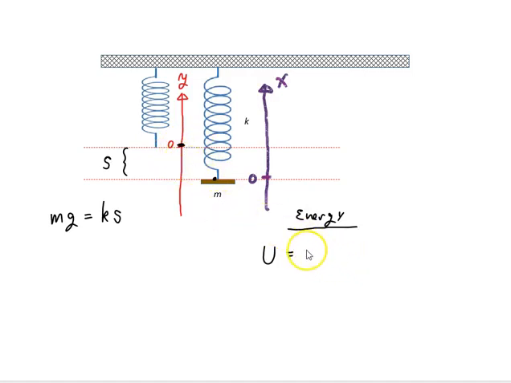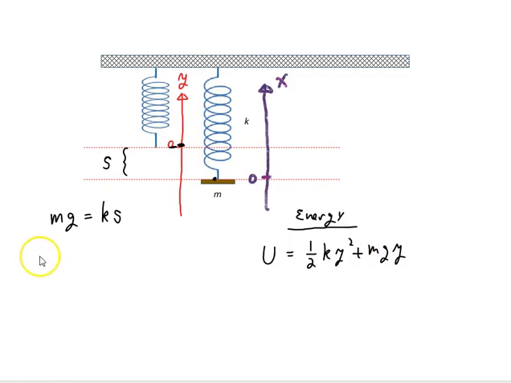We would have 1/2 k y squared. Now the ground for mgh is arbitrary, but if I just use the 0 that's here in the y-axis, I would have plus mgy, right? When y is below 0, negative, we have negative potential energy of gravity. When y is positive, positive, so this works.